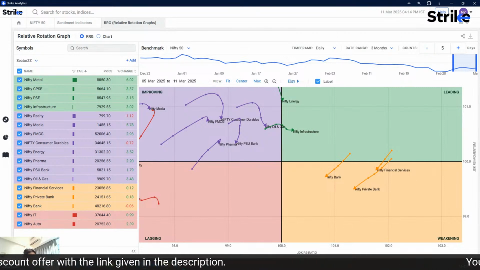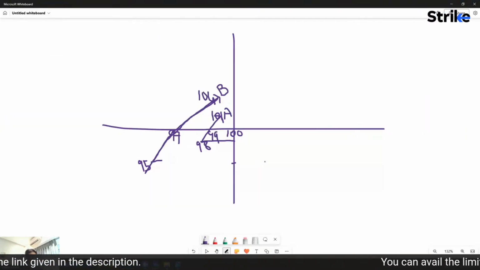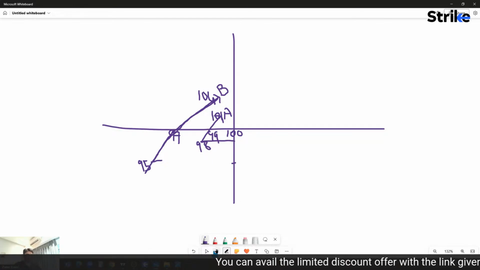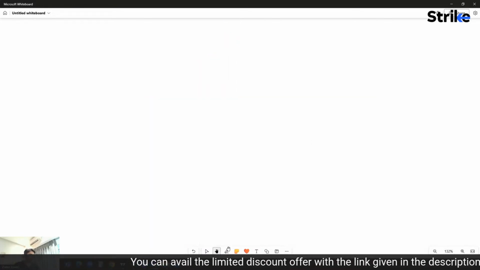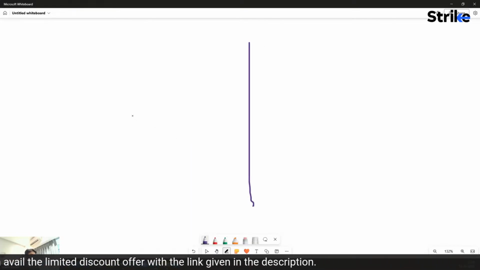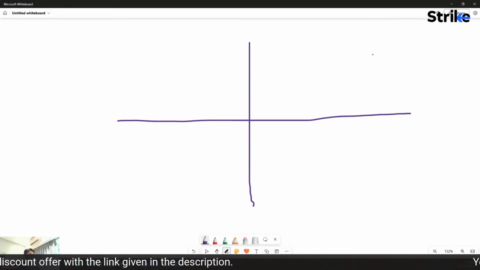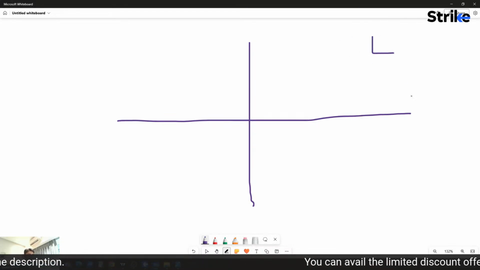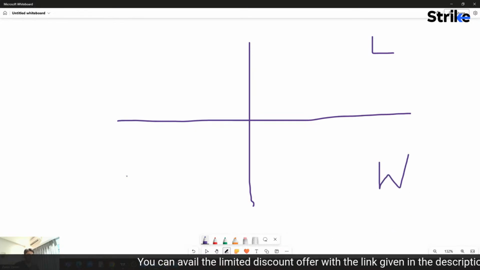Now, coming to this board once again. As you know, there are 4 quadrants. The best case scenario, what do we want? On the top right, this is called the leading quadrant. This is called the weakening quadrant.